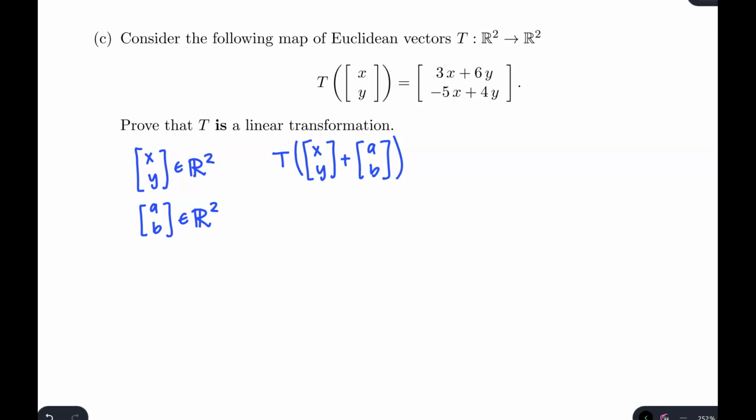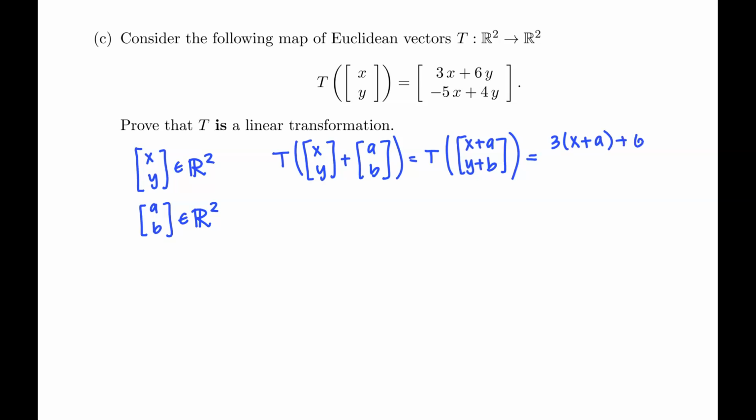If we're doing the vector addition before we do the map, we now have this new vector x plus a and y plus b that we are using this map to transform, right? And so, well, I know whatever the first element was in my R2, this pre-image, we're going to take 3 times that first element, and then we're going to add 6 of the second.